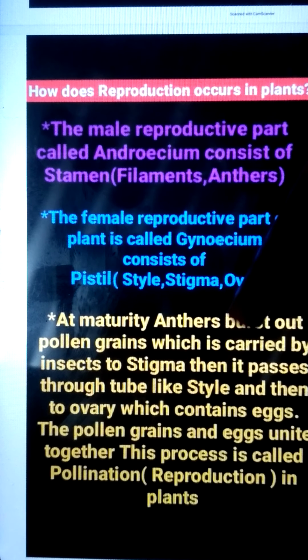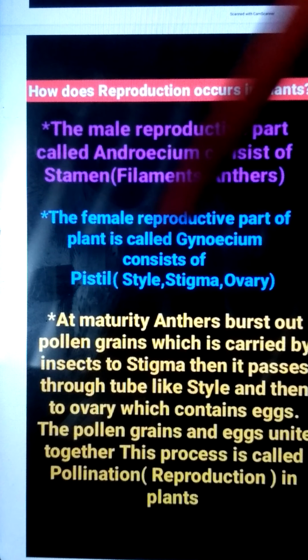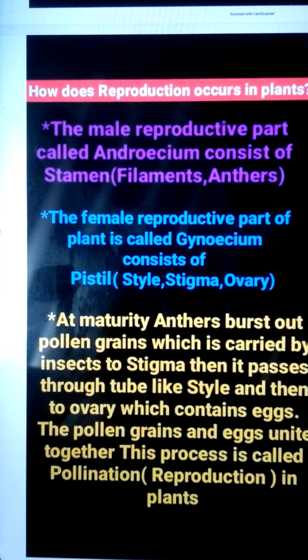These are carried by insects, or self pollen, or the pollen grains can directly fall on the stigma also. So at maturity, the anthers burst out the pollen grains, and the pollen grains fall on the what? Stigma. And stigma is a part of the female reproductive part, so they fall on the stigma, and then it passes through the style and then to the ovary.